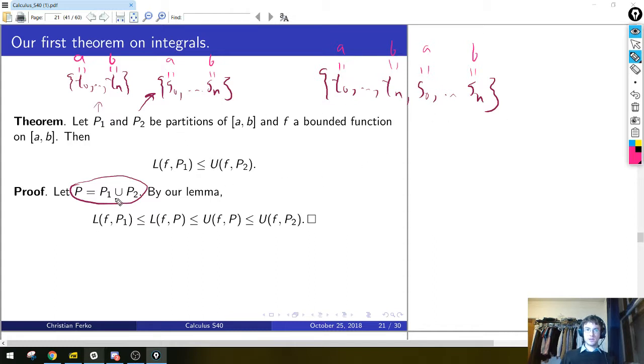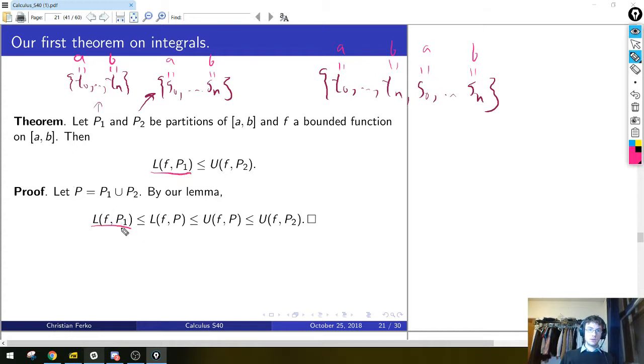So hopefully you agree, given any two partitions, I can always combine the two of them, and the result is still a partition, because it's still a bunch of points in the interval, and it still has A and it still has B. So I can always do that. But now we have a one-line proof. Here's what you do. You start with the lower sum in partition P1.